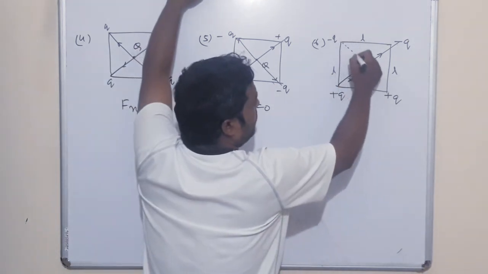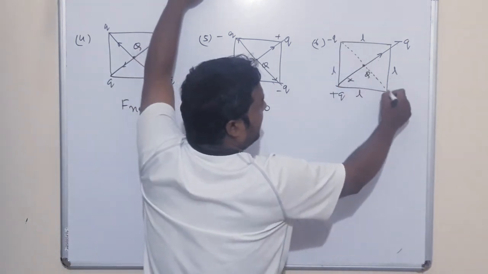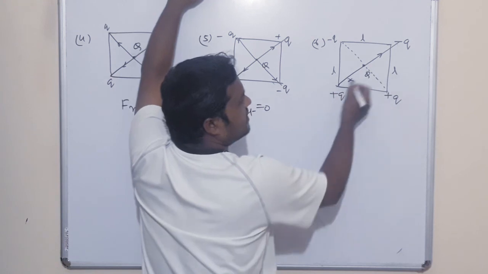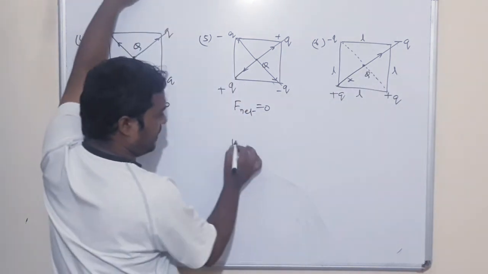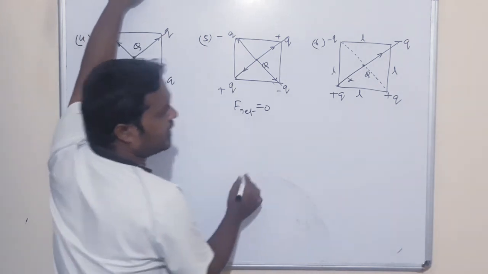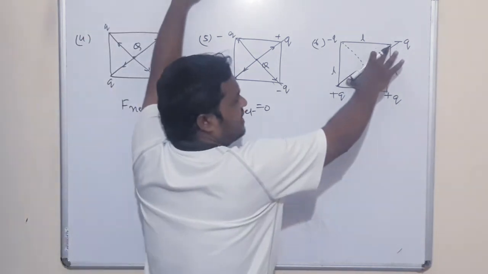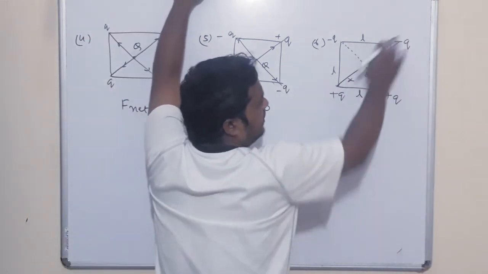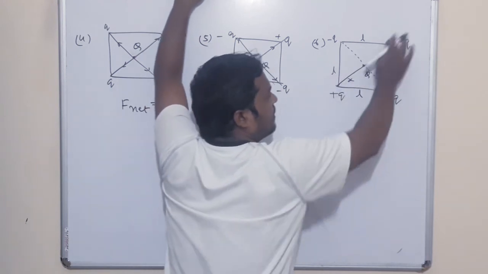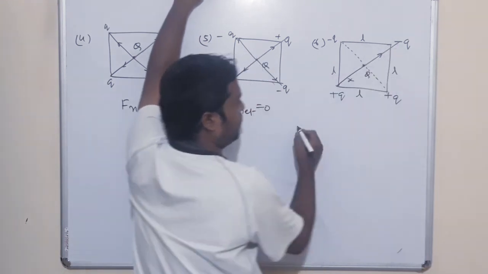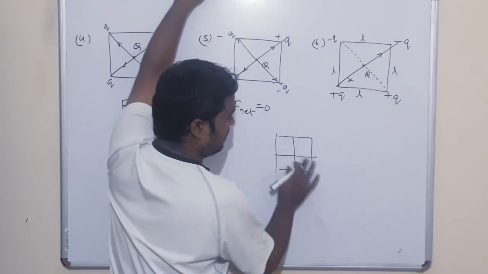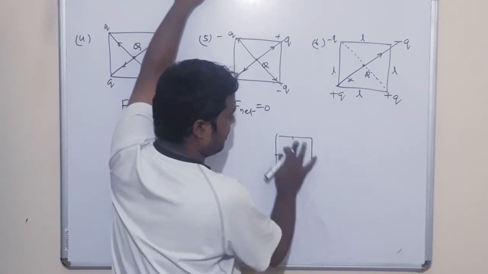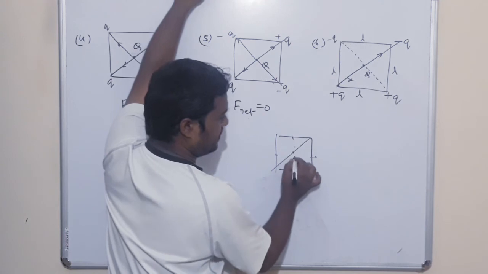See, in the square, what is the distance from corner to center? Corner to center distance, how much will it be? L by root 2. This distance is L, this is L. The diagonal is root 2 L, and this is half of root 2 L. I want to calculate this distance.